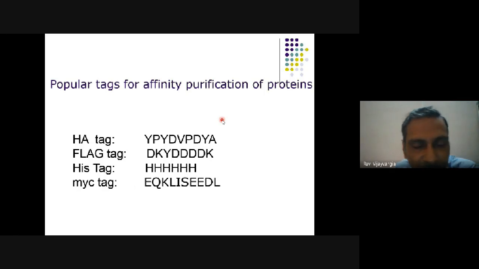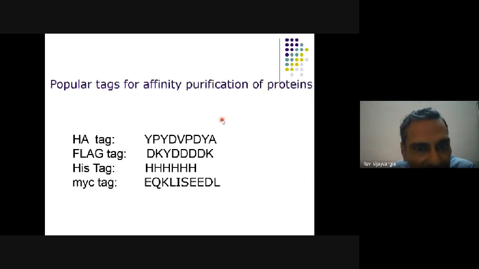If you don't have natural affinity in your biomolecule, then also you can use affinity chromatography. As I said earlier, in that case you have to make use of recombinant DNA technology, wherein you can introduce artificial affinity tags in your proteins.